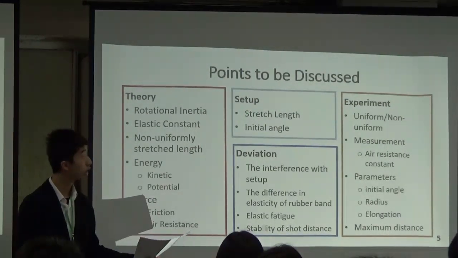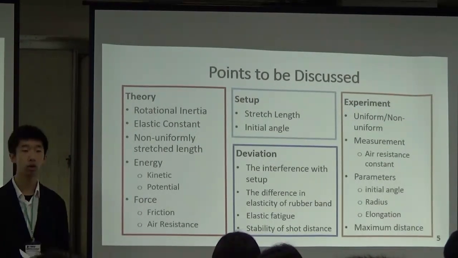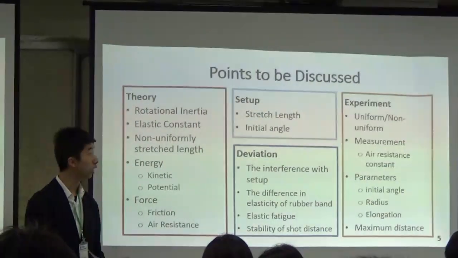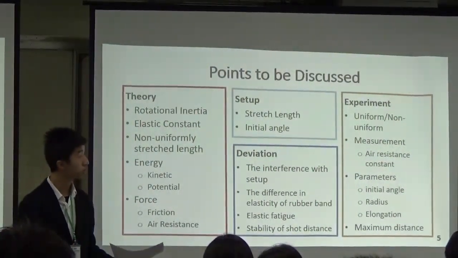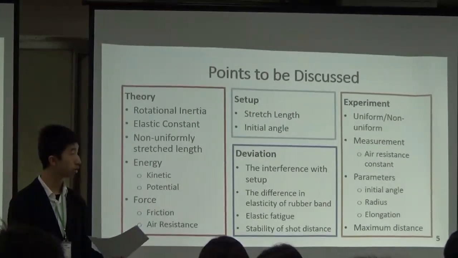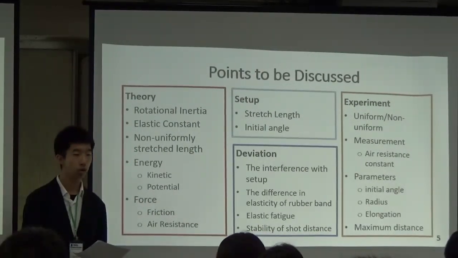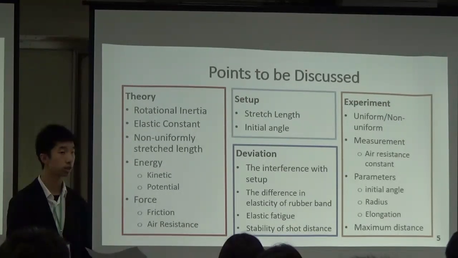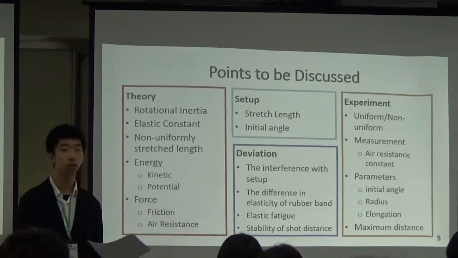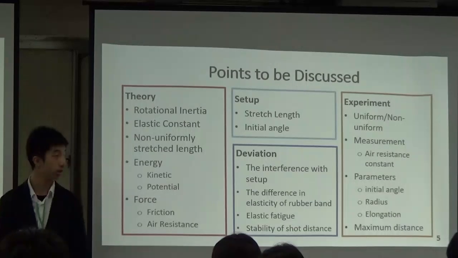In the setup part, I want to discuss the initial angle of the rubber band, which may cause it to spin. And in the experiment part, I want to discuss the measurement of the air resistance constant, and several parameters such as radius, elongation, or initial angles that may influence the distance of a rubber band.